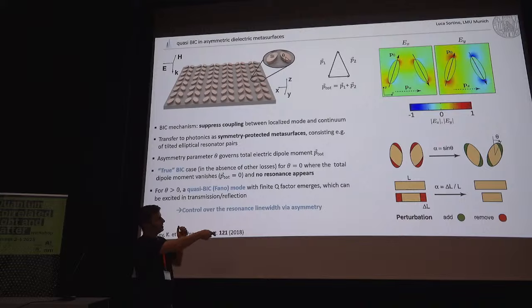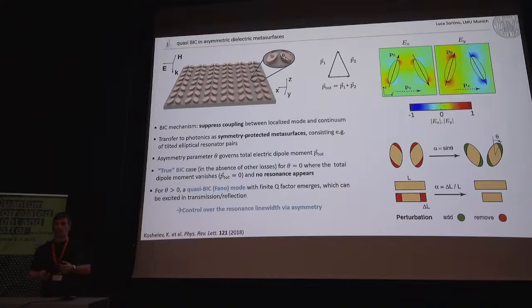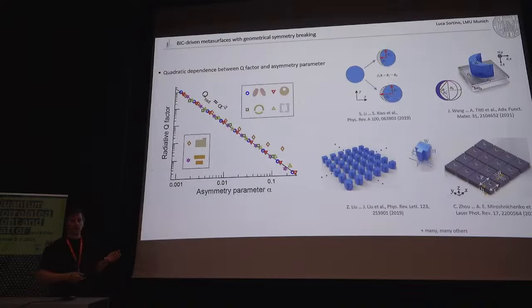with this symmetry parameter, which for our ellipses would be this tilting angle between the two. And if you want to look at it in these terms, we can think about it as creating an effective dipole moment that can couple to light by just looking at the vectorial sum of these two dipole moments. And as I told you, this is indeed related to this asymmetry, showing this quadratic dependence with the Q factor.